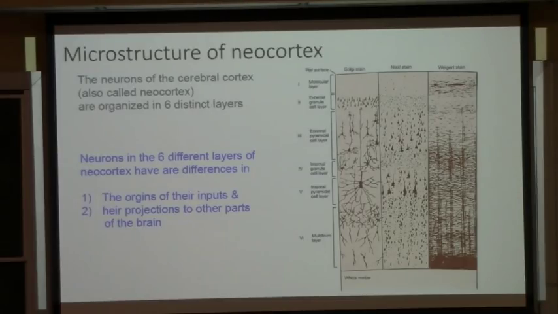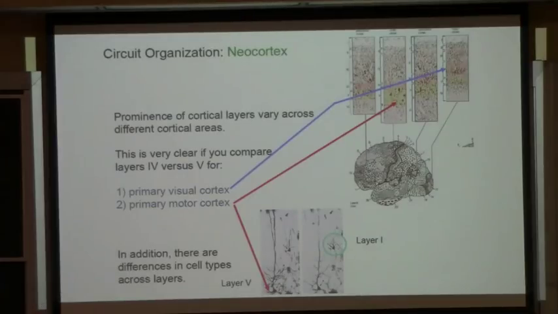So for that cortex, you will see a very rich layer 5. Yeah, so this is just the example I talked about before. As you can see here, the primary visual cortex also has a very rich layer 4, but if you look at the motor cortex, it has a very rich layer 5.